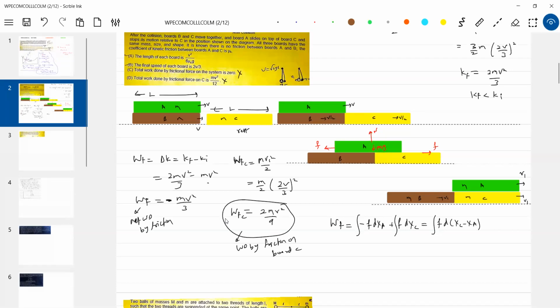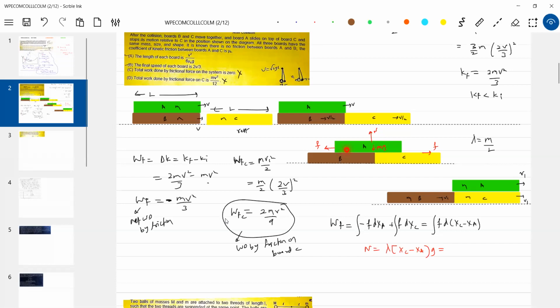So let me define lambda. Lambda is mass per unit length. So now the normal contact is equal to lambda into XC minus XA into g.